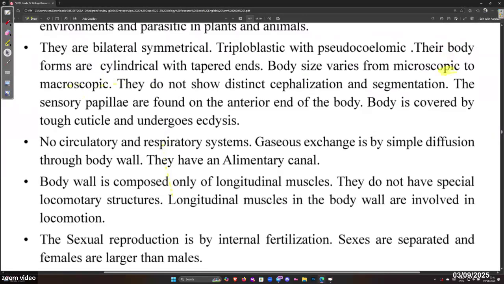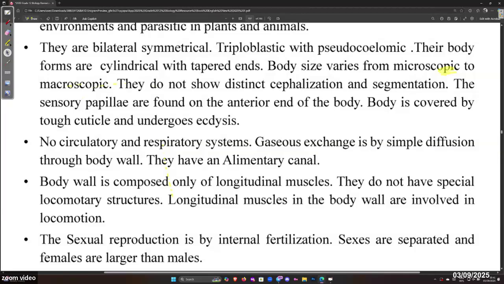Body size varies from microscopic to macroscopic. Some are microorganisms, animal microbes. These things are important, people, because later in the exam, they pick these tiny points and ask questions.